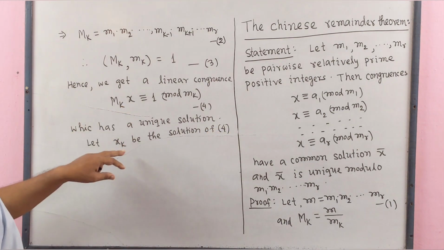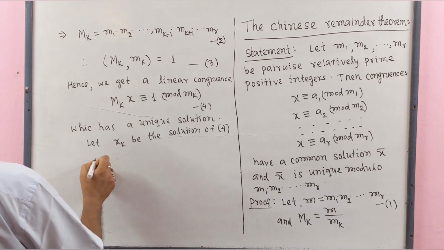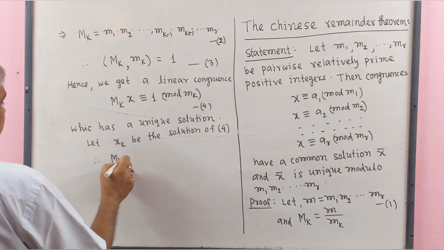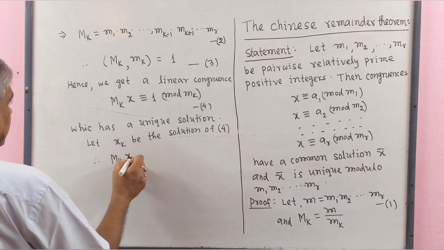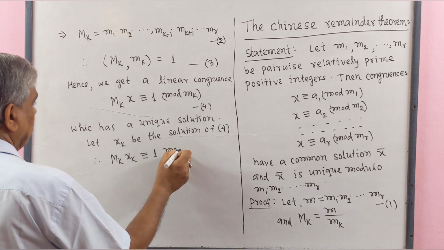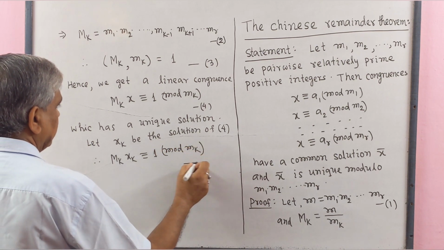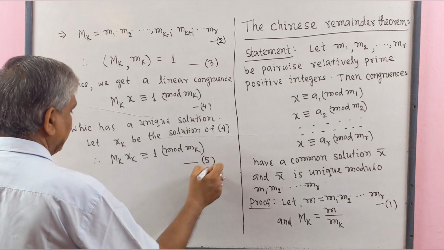Therefore, we put xk in place of x. Therefore, capital Mk xk congruent to 1 modulo small mk. This is number 5.